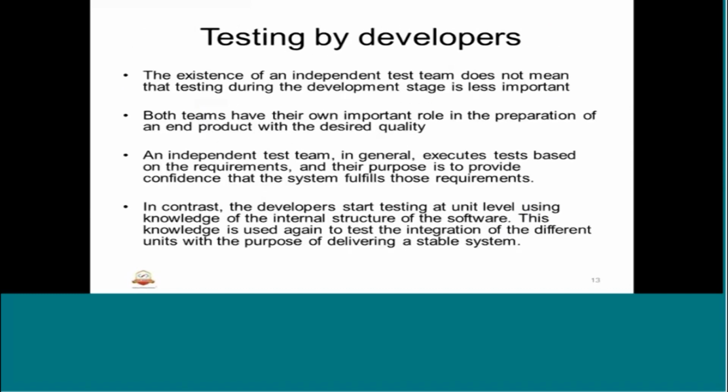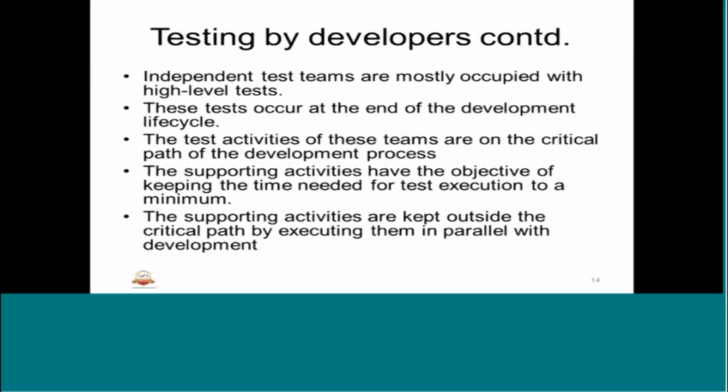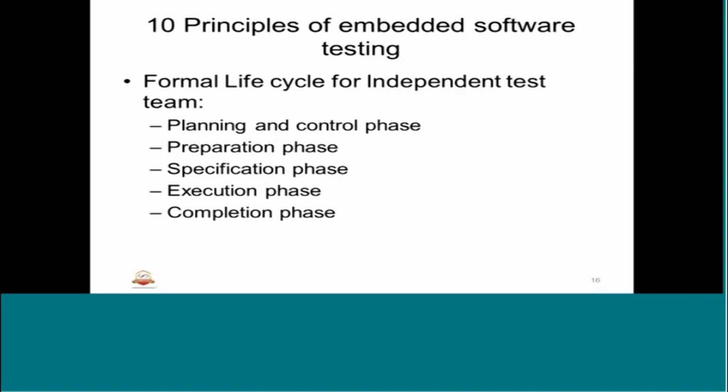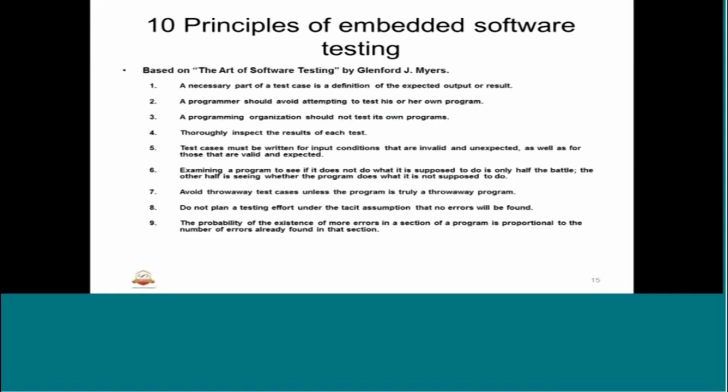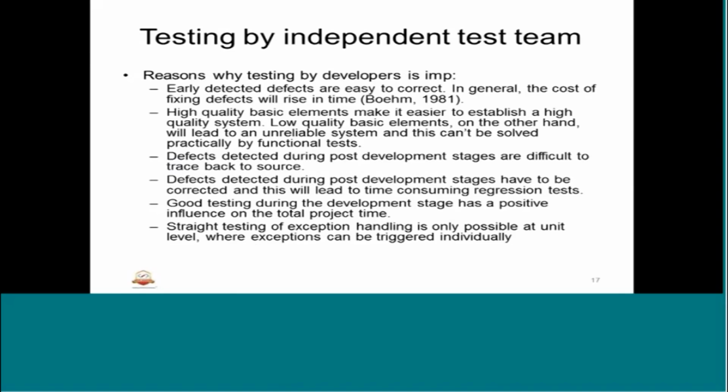So we know that host and target are available for both the test team as well as the development team. Now taking into consideration how testing can be done by developers, how testing can be done by an independent test team, and then a few principles that we will go through in the end.